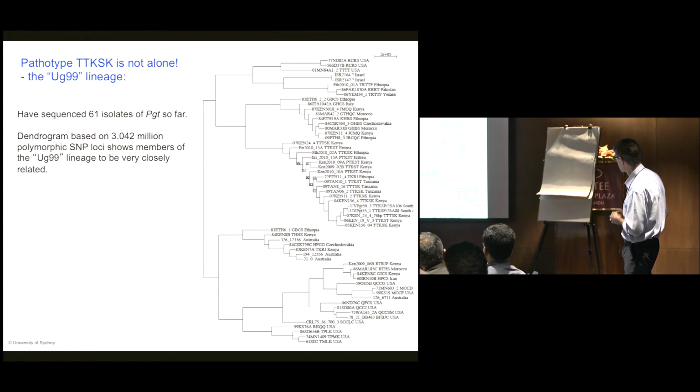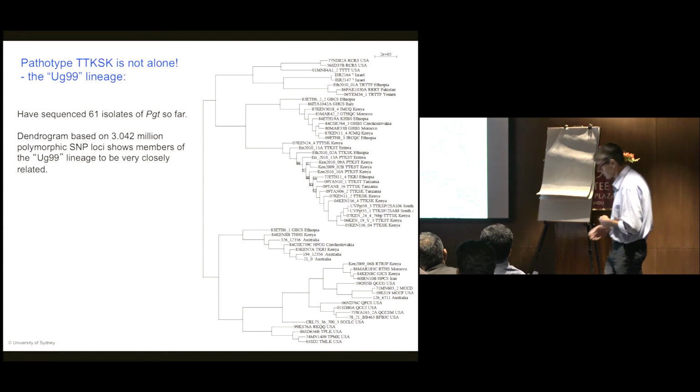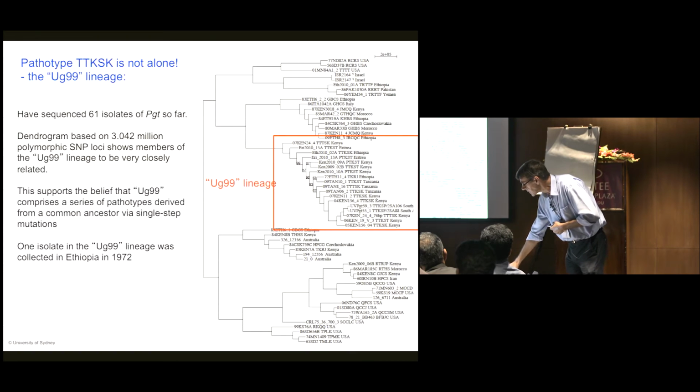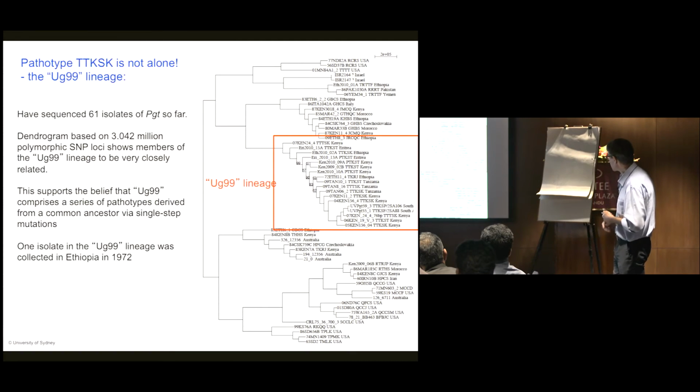So things that are far apart on the tree, like this one down here and this one down here, we would say are genetically very, very different. Things that cluster together, like these 2 from Australia here, we would say are genetically very similar. And the thing to notice about this is that all of these isolates here are in the ug99 lineage, right?